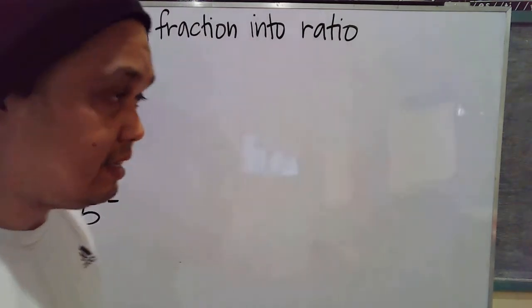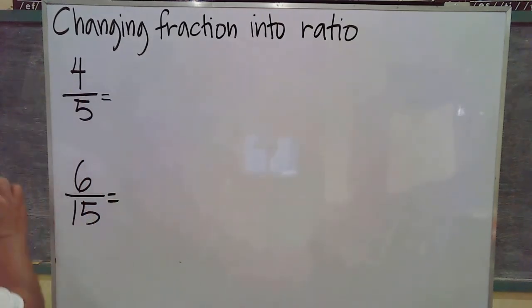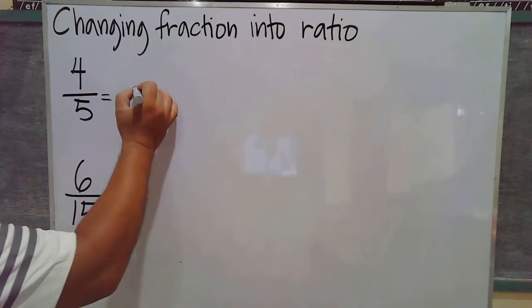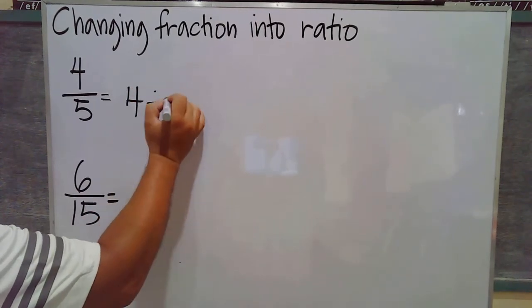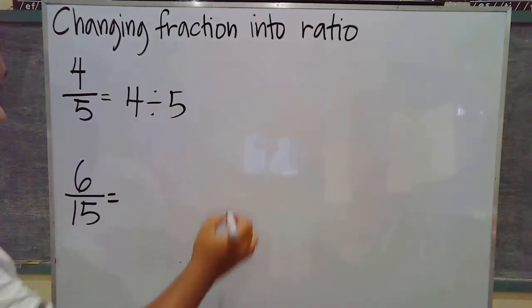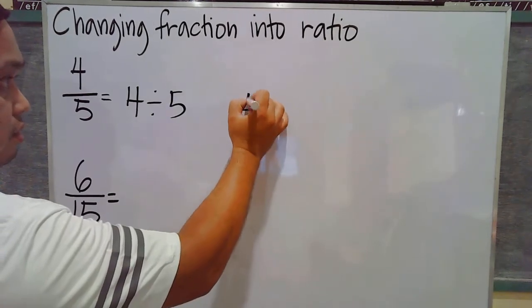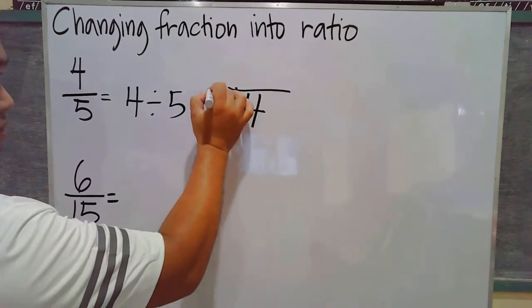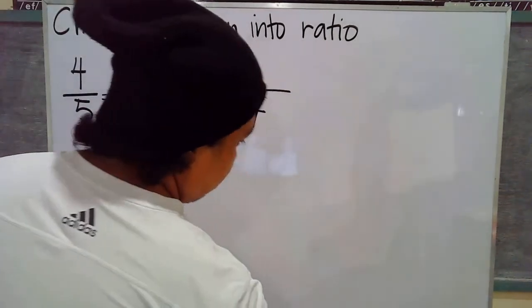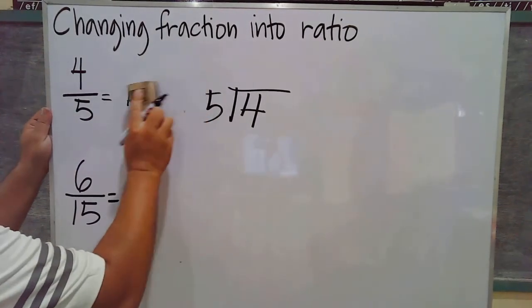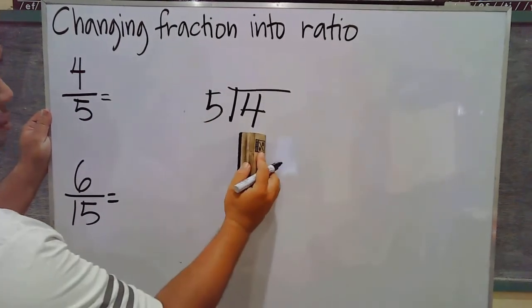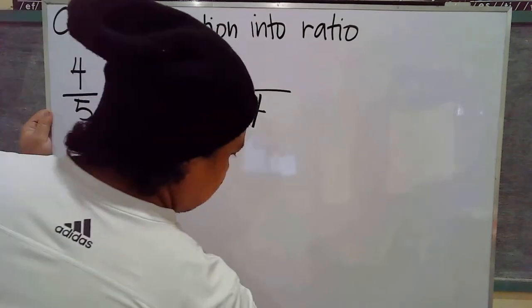By dividing the numerator by its denominator. Now if we divide them, we have 4 divided by 5, 4 for our dividend, 5 for our divisor.